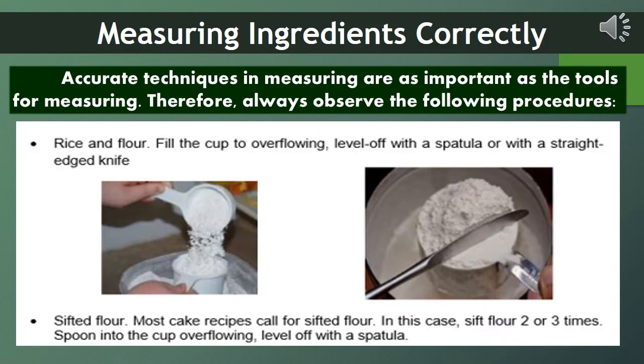For rice and flour, fill the cup to overflowing, then level up with spatula or with straight-edged knife. A sifted flour. Most cake recipes call for a sifted flour. In this case, sift flour 2 to 3 times, spoon into the cup overflowing, then level up with a spatula.